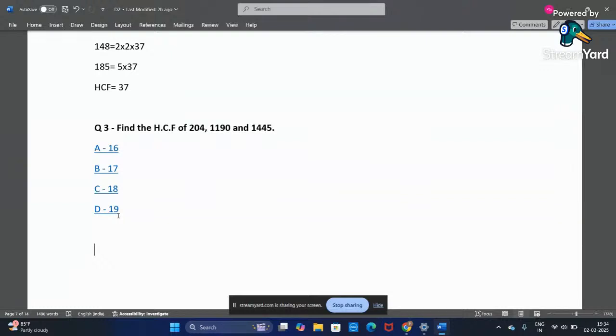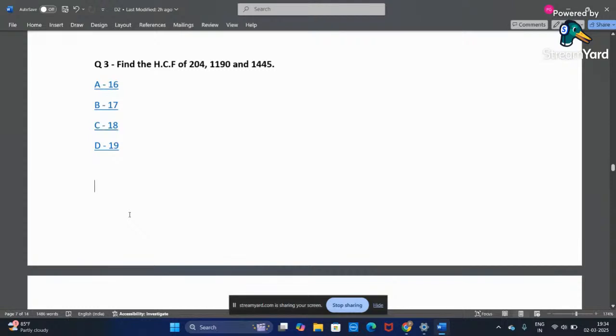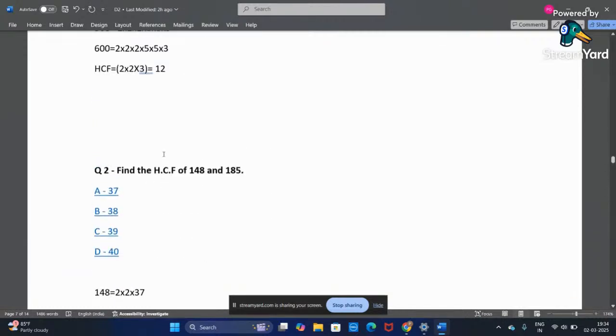Yes, Naresh, find the answer for the third one. What is the answer for the third one? The HCF will be 17. This is the answer for the third one. Same way, you have to calculate in this way.